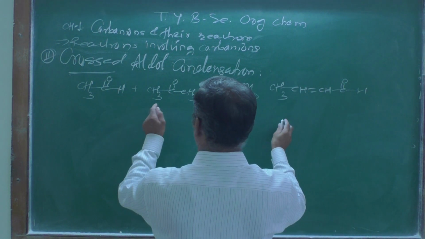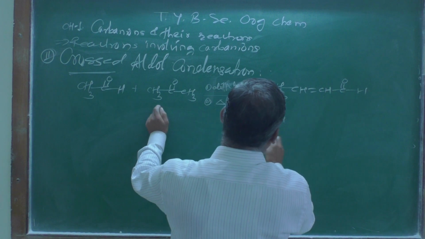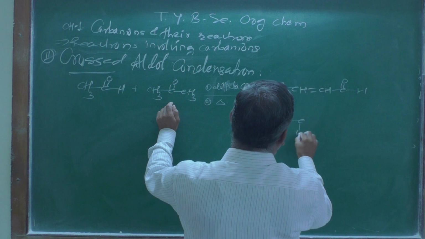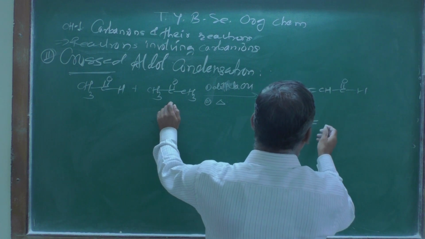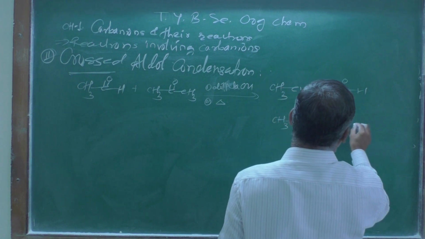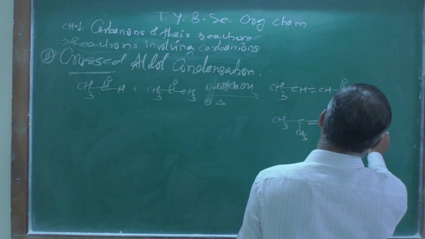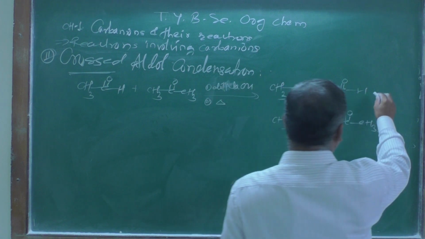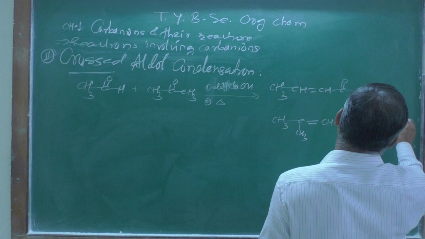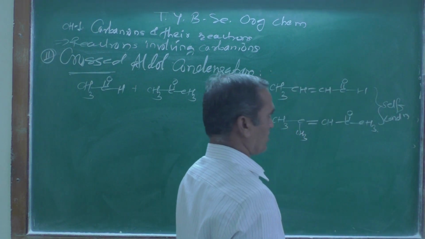Another may be this one: CH3, then CH3 double bond, I am writing here CH, C double bond O, CH3. So these are called self condensation reactions, self aldol condensation reactions.